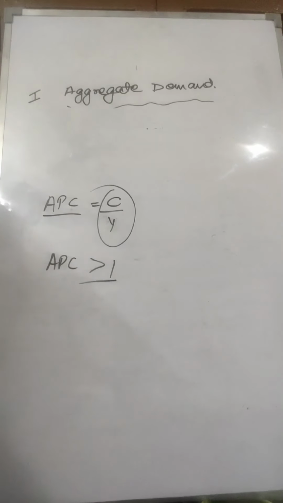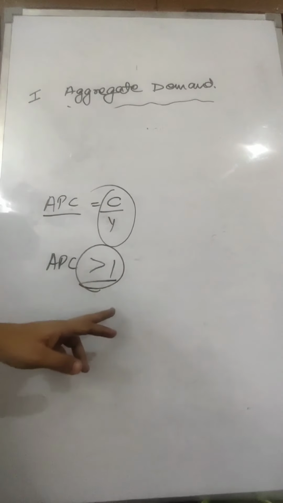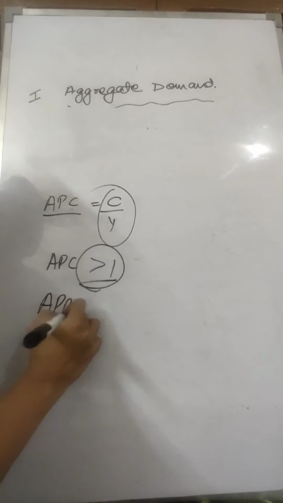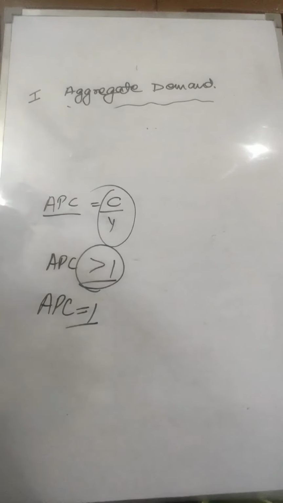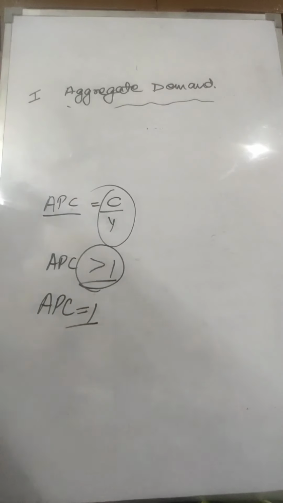Why? Because your consumption can be greater than your income level. So your average propensity to consume will be greater than 1 at that particular time. But your APC can also be equal to 1, that is, when your consumption level is equal to your income level.